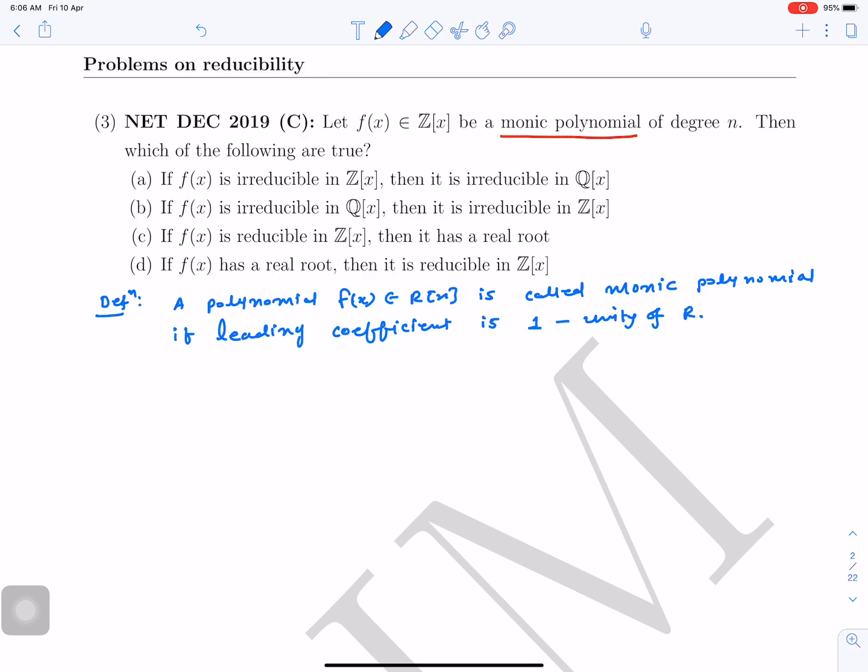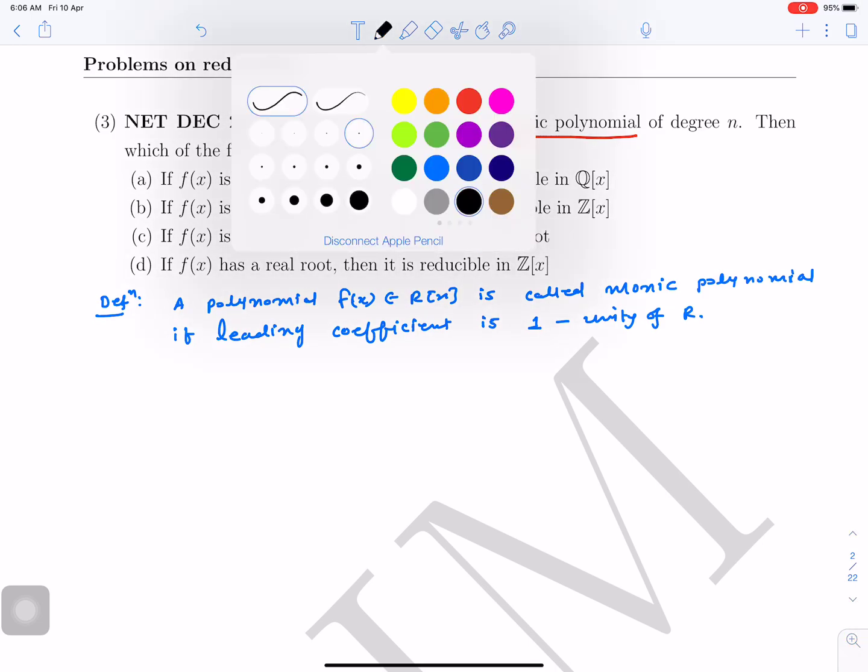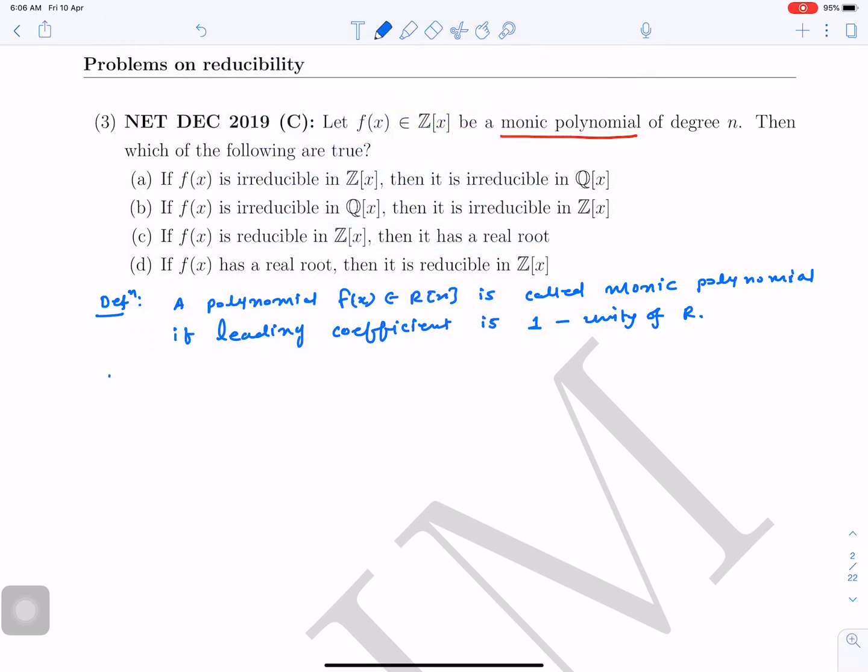And we have another result. First one: let f(x) belong to Z[x].